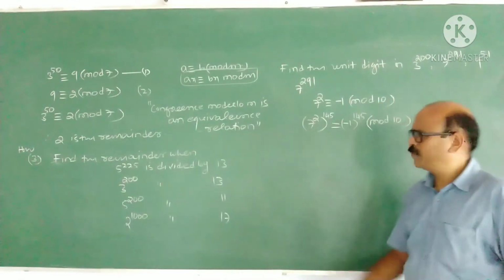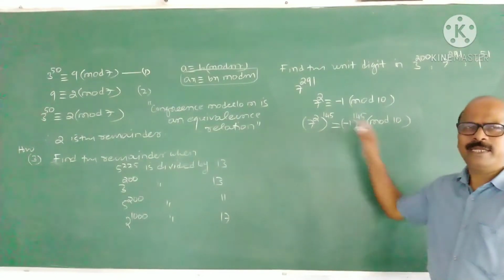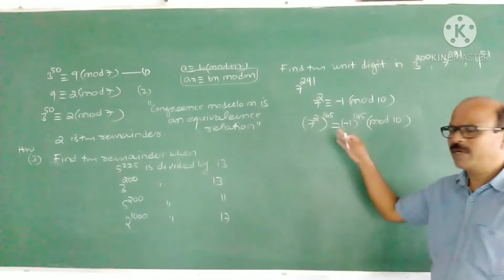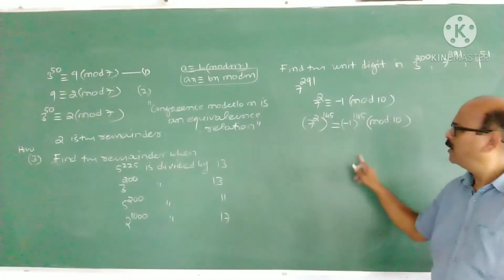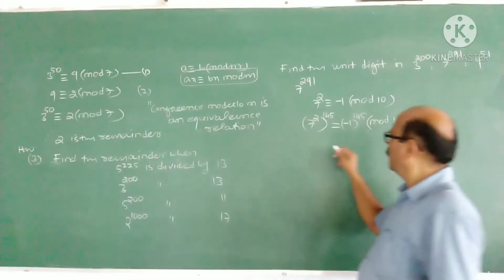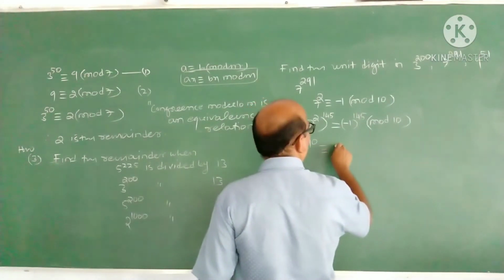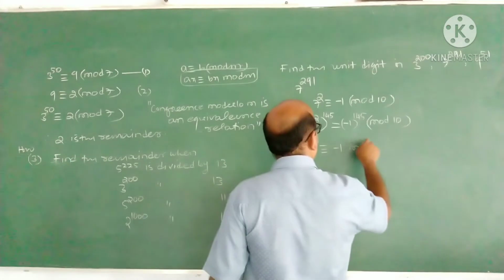Of course, we get negative sign here. By using transitive law, we can correct that one, or at the end, we can get this as positive. So, 7 raised to 290 is congruent to minus 1 mod 10.